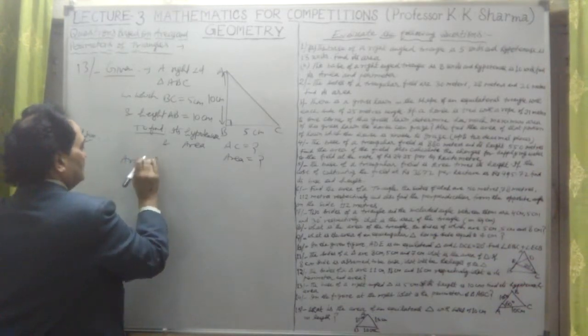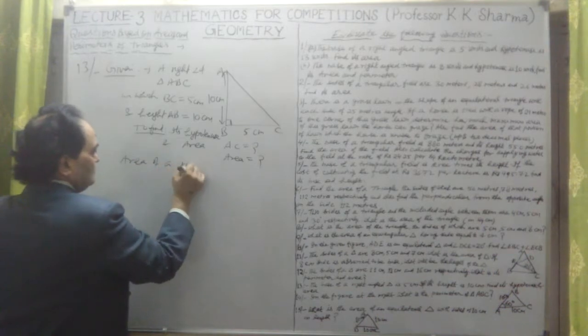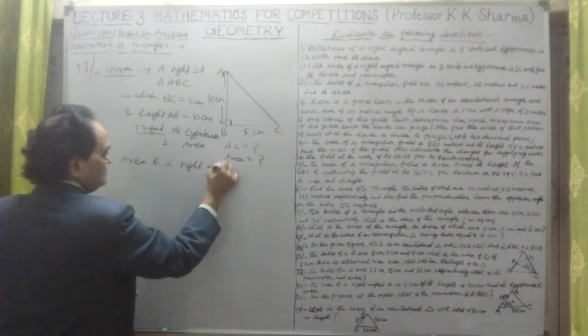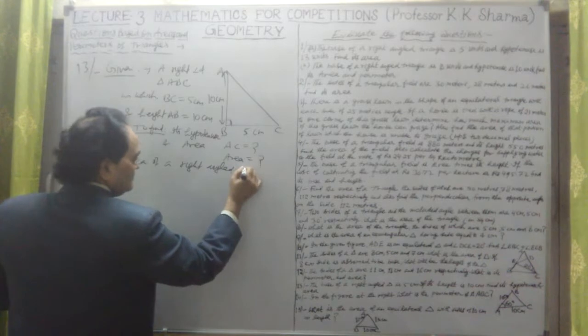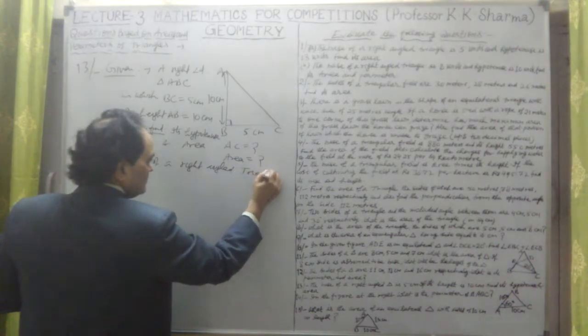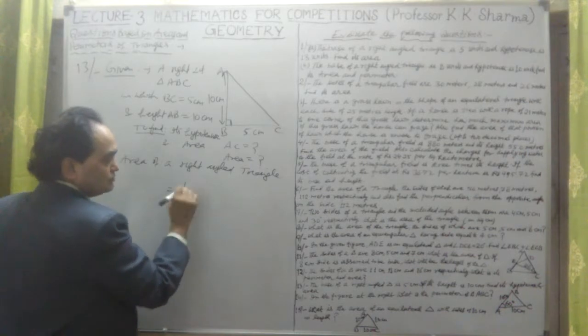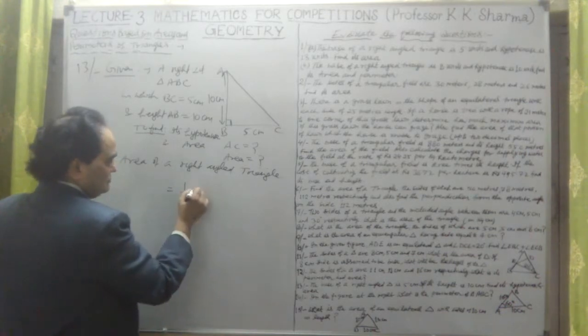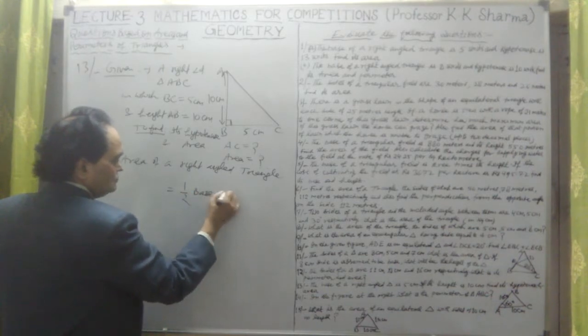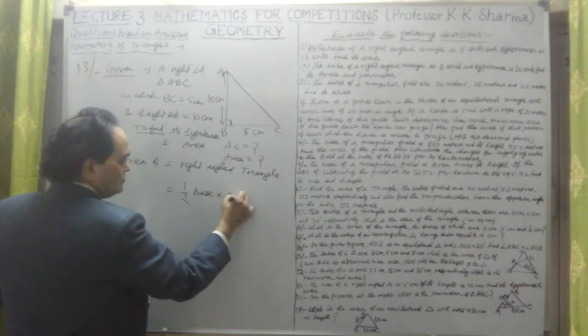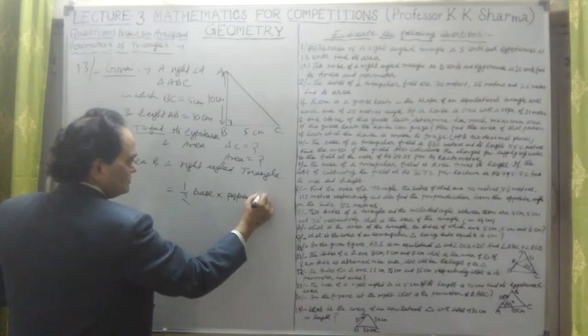Area of a right angled triangle is equal to half the product of the base and altitude, or perpendicular. So this is 1 upon 2, base into perpendicular, or altitude, or height.